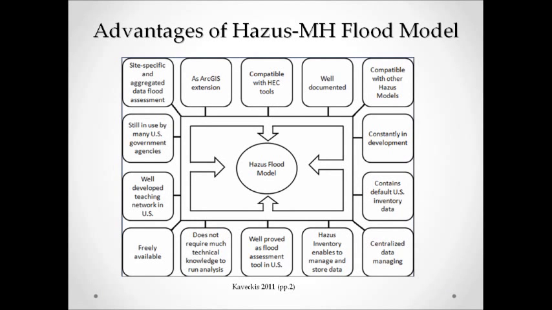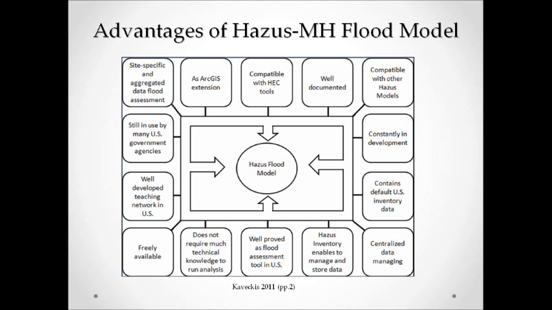Now about the advantages of the HAZUS-MH flood model. This model, as I mentioned already, comes as an ArcGIS extension. It also accepts inputs from the Hydrologic Engineering Center. Also it is a well documented tool with a lot of tutorials and a lot of guides.